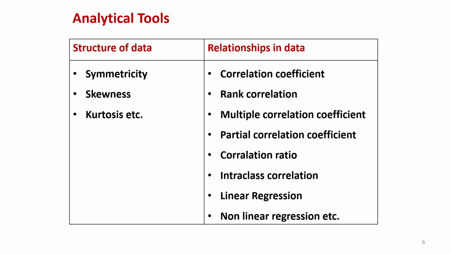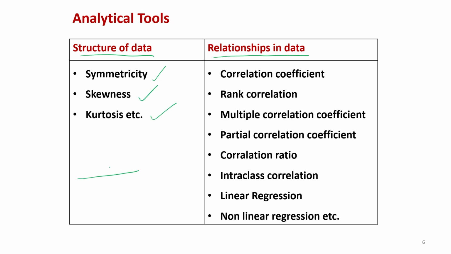Then we also want to understand the structure of the data, and we want to study if there are any relationships in the data. In order to understand the structure, we try to study whether the data is symmetric around a certain value, or the data is skewed, or the data has a kurtosis.